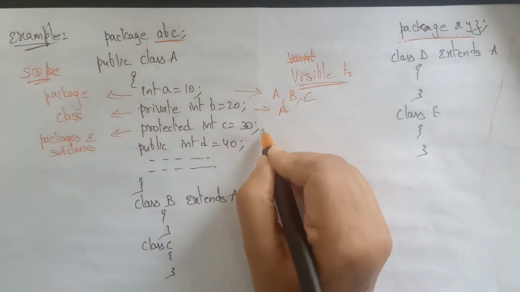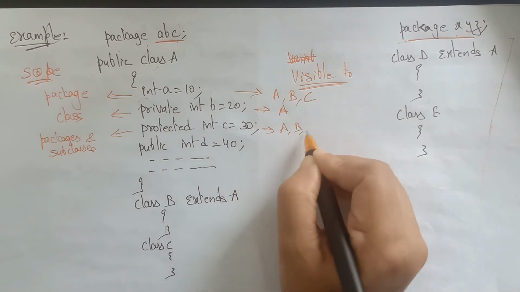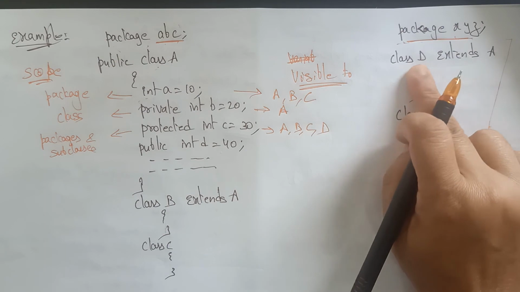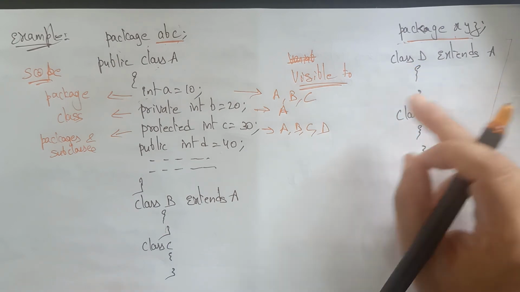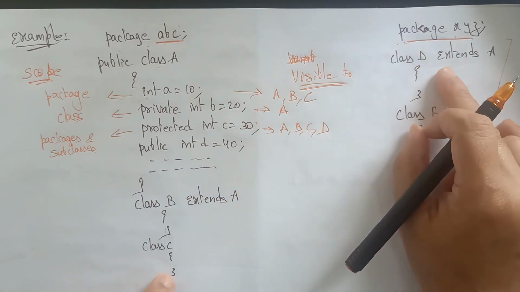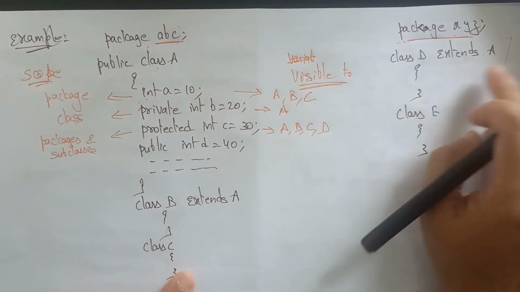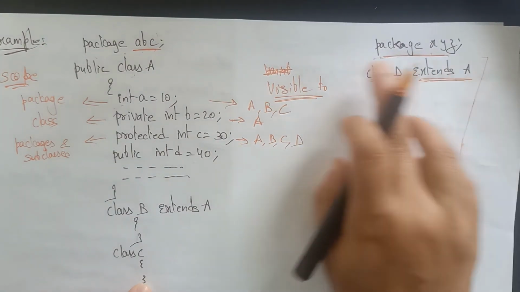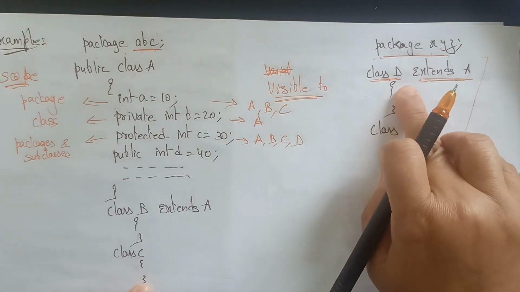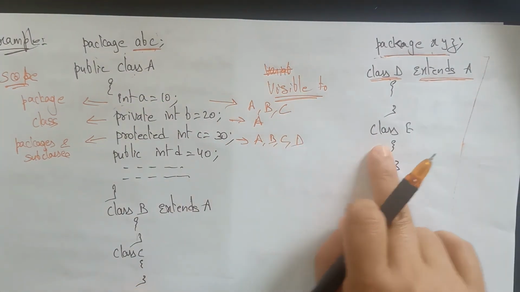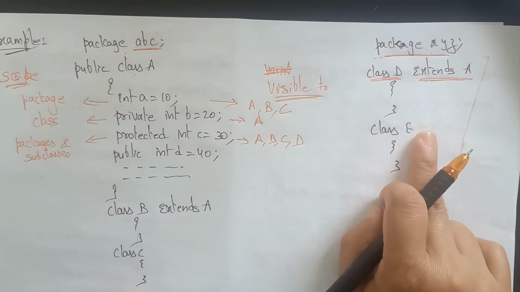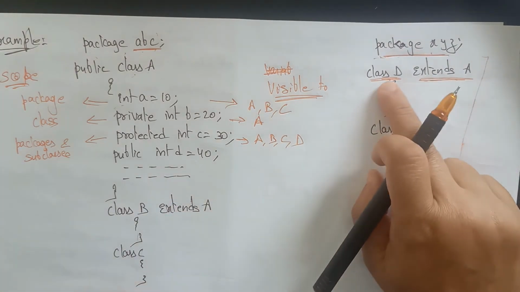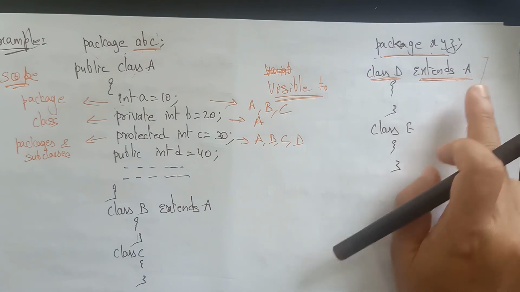So it is visible to A, B, C, D also, because class D extends A. Class D is also a subclass because it extends A. Not E, because E is present in another package and it is not a subclass of this. So only class D, which extends A, is a subclass.